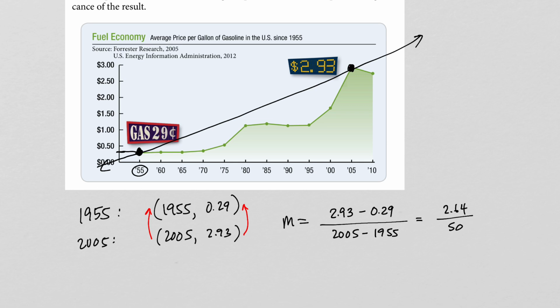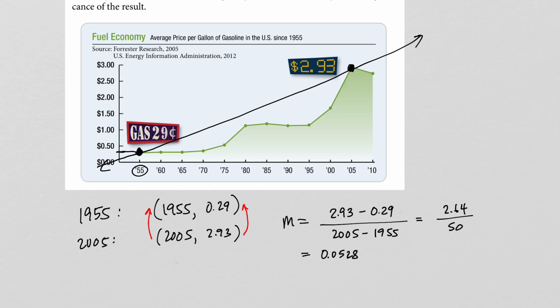So now if we divide 2.64 divided by 50, that's going to give us 0.0528. And what does this mean?